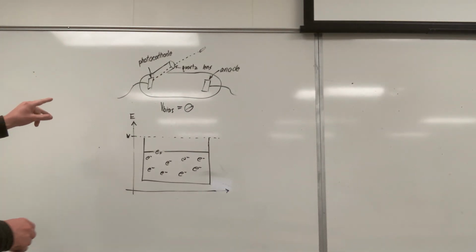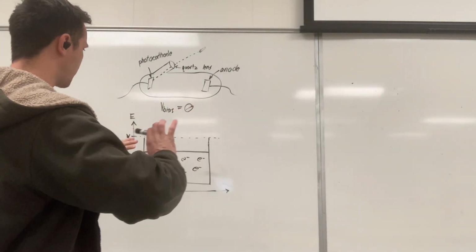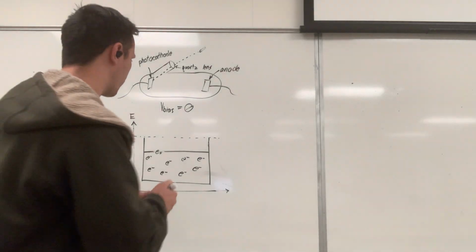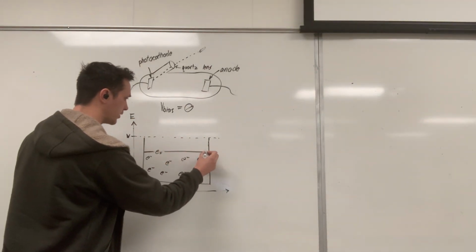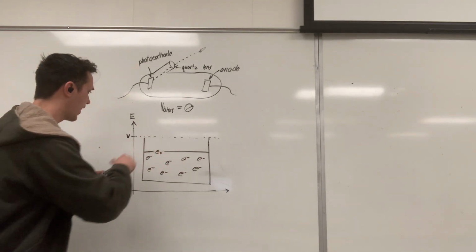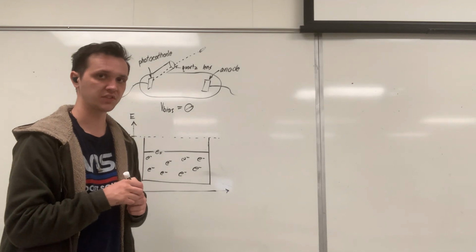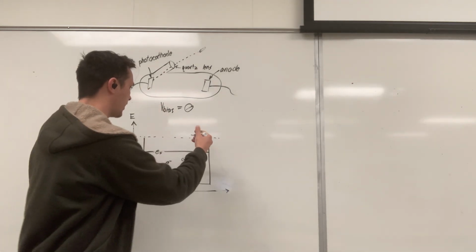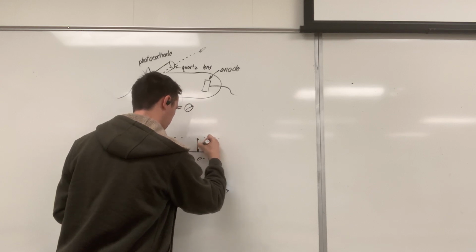Now, one more piece of jargon to get out of the way is the difference between this Fermi energy, where the electrons are sitting, and the energy of the lattice, the binding energy of this cathode plate, is referred to as the work function.